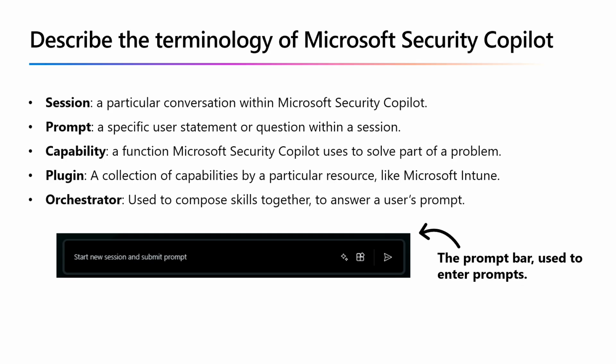A capability may sometimes be referred to as a skill too. We have also plugin, which is a collection of capabilities by a particular resource. Finally, orchestrator, which is Copilot's system for composing capabilities together to answer a user prompt.